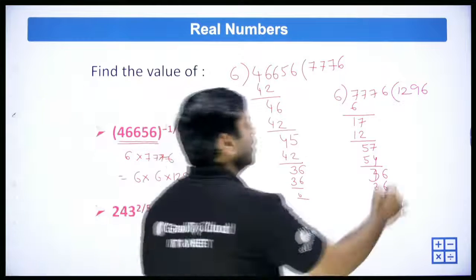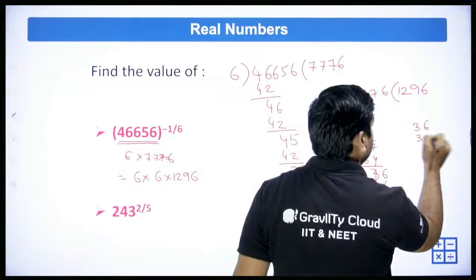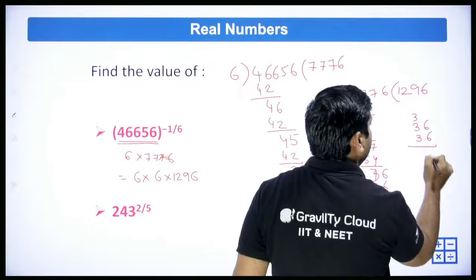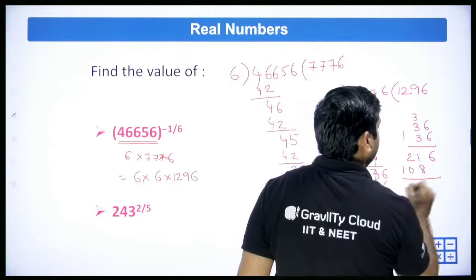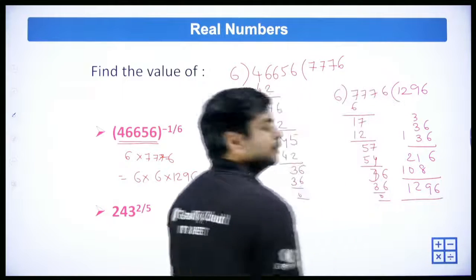If you want to verify, 36 into 36: 6 6s are 36, 6 3s are 18, and so on. So it is 1296.